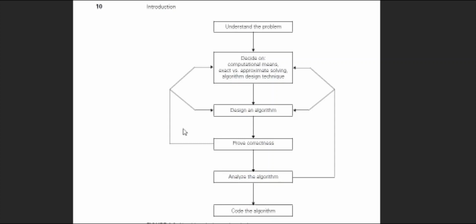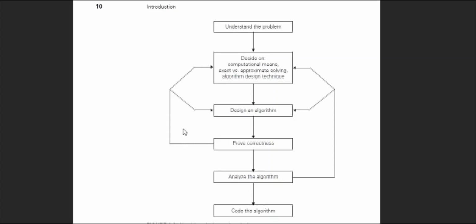Next, prove the correctness. Correctness is how the algorithm yields the correct result for any given legitimate input. If anything is wrong, we go back to deciding on computational means, exact versus approximate solution, or the algorithm design technique, and design the algorithm again.